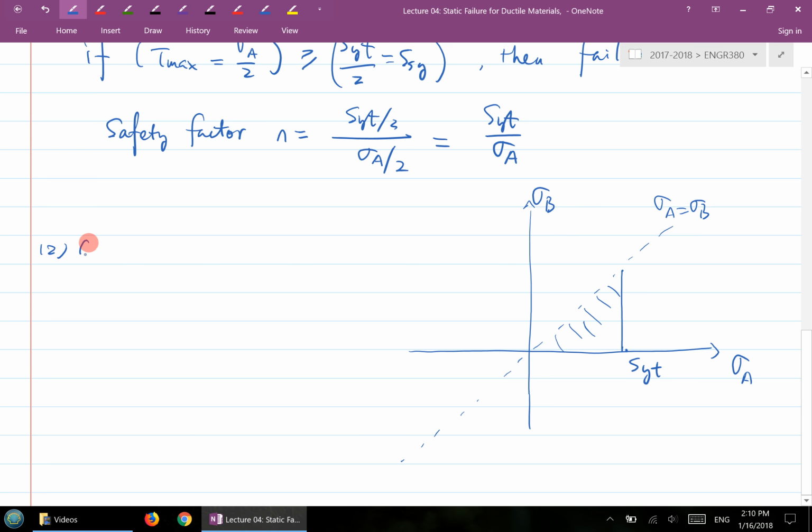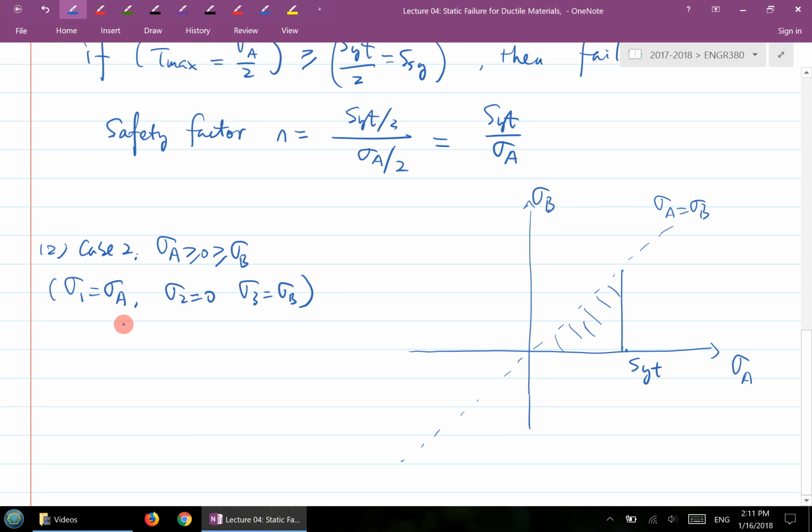So let's look at the second case: sigma A greater than 0, greater than sigma B. For the second case, it corresponds to sigma 1 equal to sigma A, and the 0 is sigma 2, and then sigma 3 is sigma B. The three principal normal stresses correspond to the three existing stresses like that.